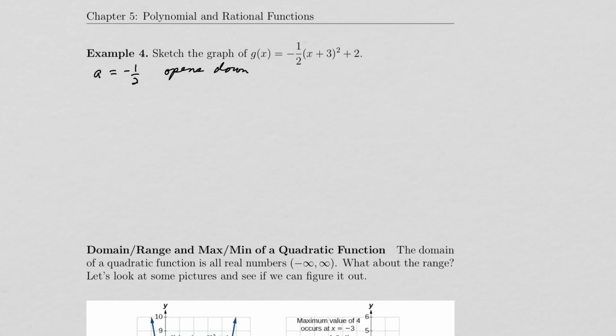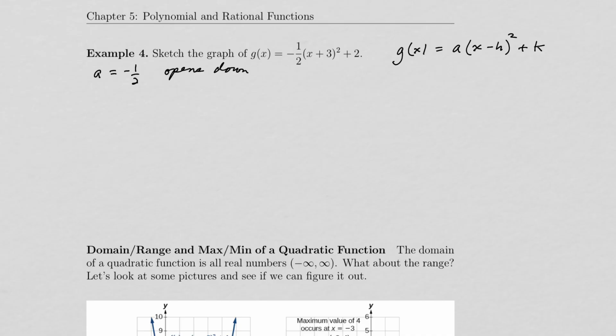What else do I know? Well, if I look at the h, remember, let me write the general form here. So g of x is equal to a times (x minus h) squared plus k. So you've got to be a little careful with this, right? Because it's x plus 3, if I want to write this as x minus h, then the h must have been -3, right?